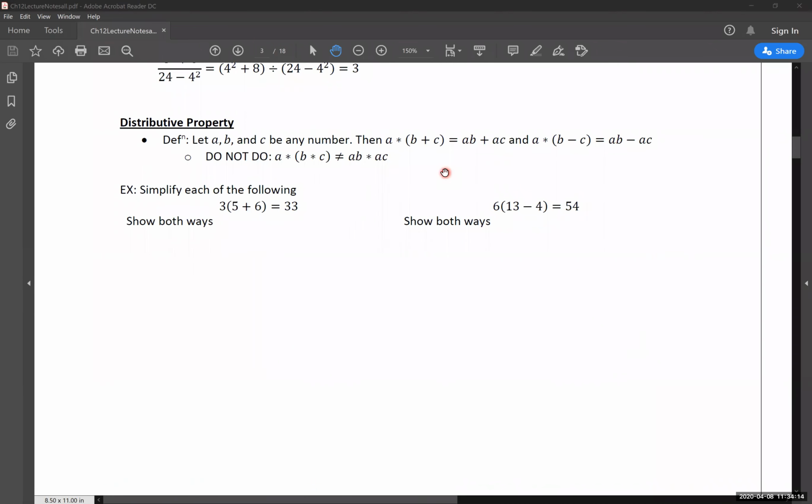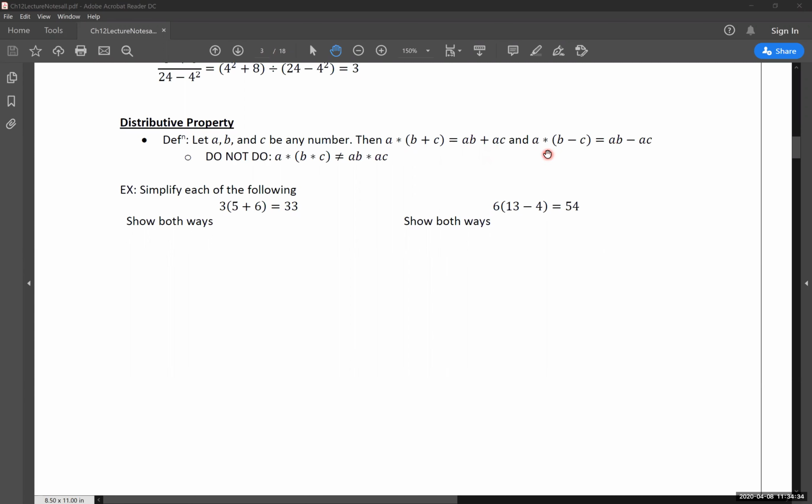So our main definition of the distributive property, we're going to let A, B, and C be any number. Positive, negative, 0, fraction, decimal, whatever. Any number. We have the scenario where we have A times B plus C, and it's going to give us the equivalent of saying AB plus AC.